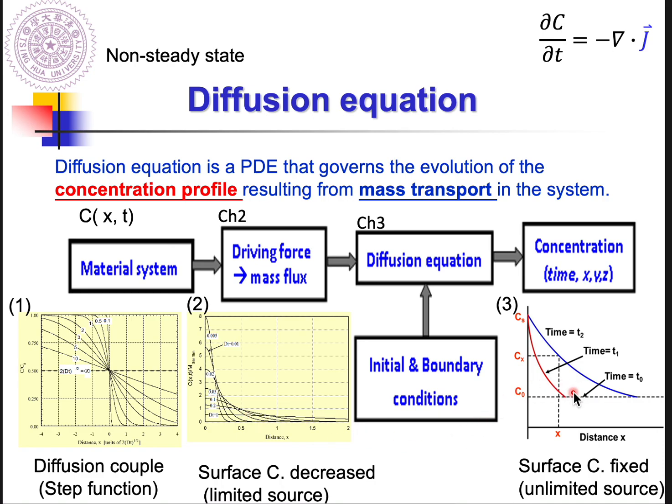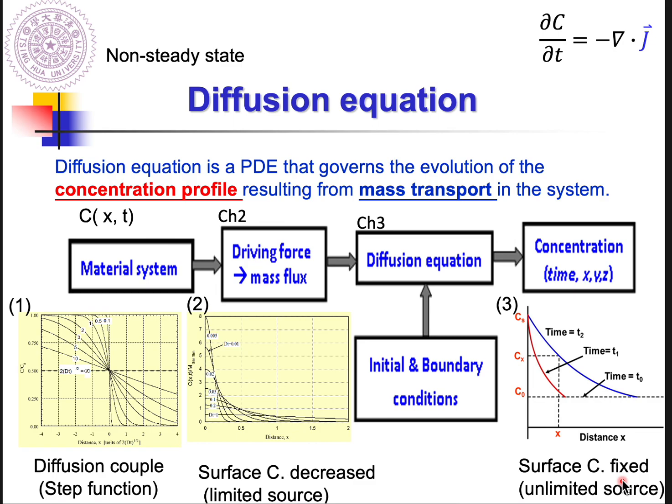And the third case would be what we call an unlimited source. The characteristic of this case is that the surface concentration of diffusing atoms is fixed. For example, you want to carbonize your metal parts by flowing methane, serving as the diffusing source.